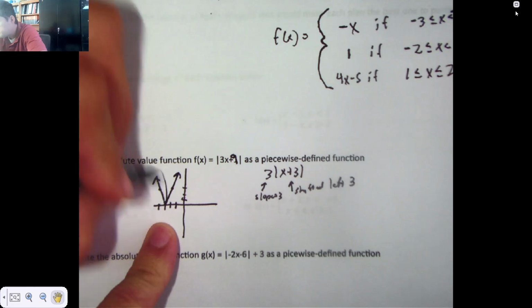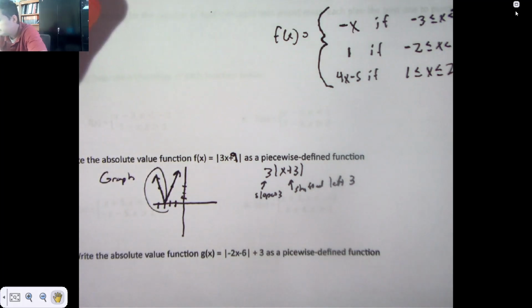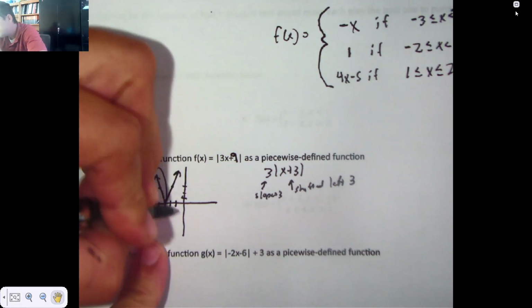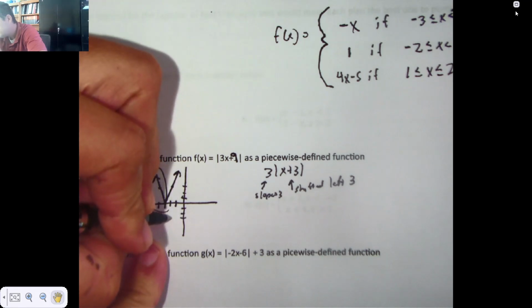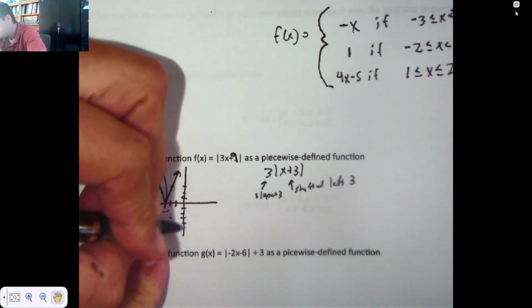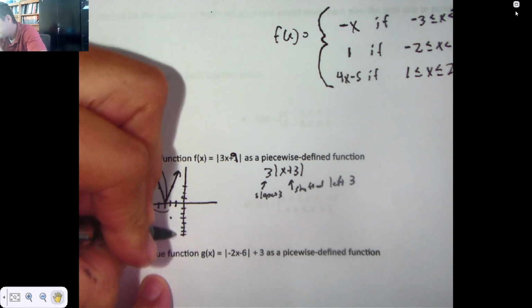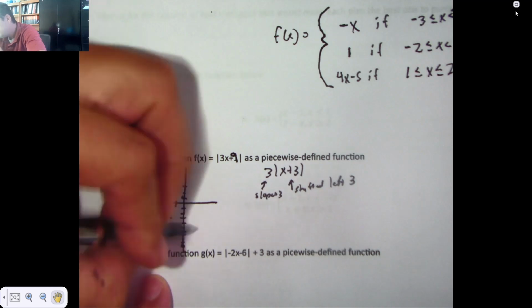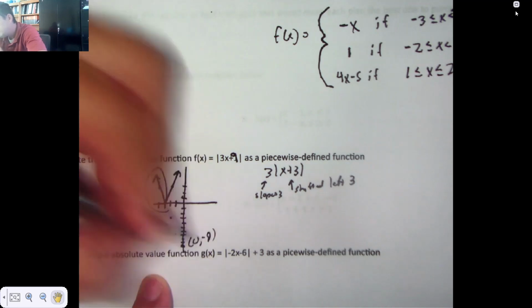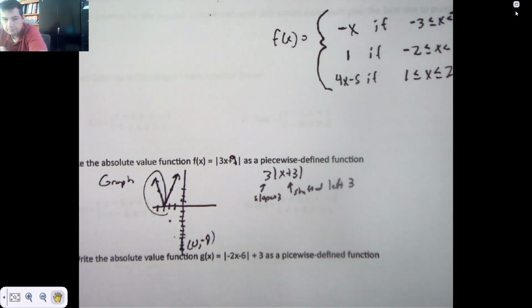So let's focus on this left piece. It is falling 3 and running 1. If you could extrapolate that out, if you fell 3 and ran 1, you'd be right there. Fall 3 more and run 1, you'd be right here. Fall 3 more and run 1, you'd be right here. It would be at 0, -9 if it continued.